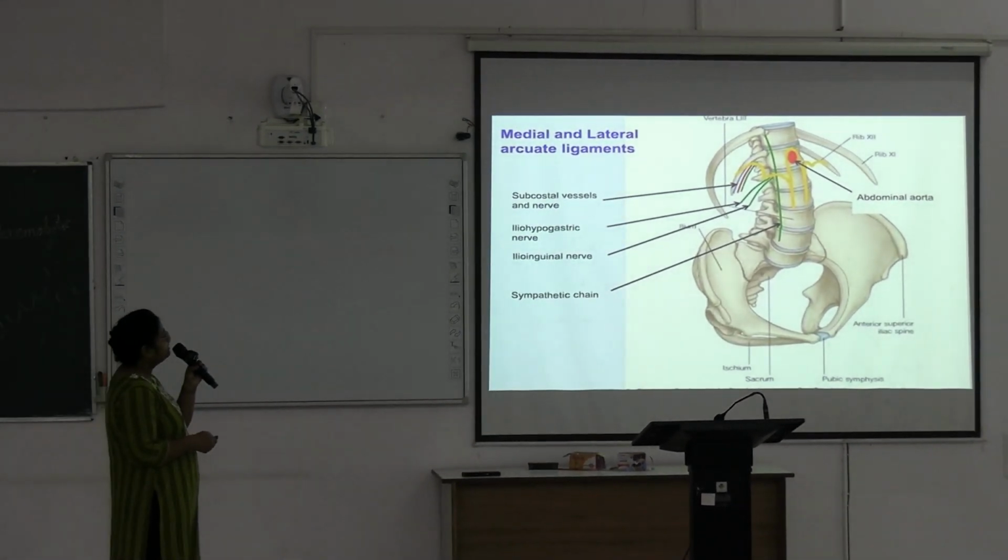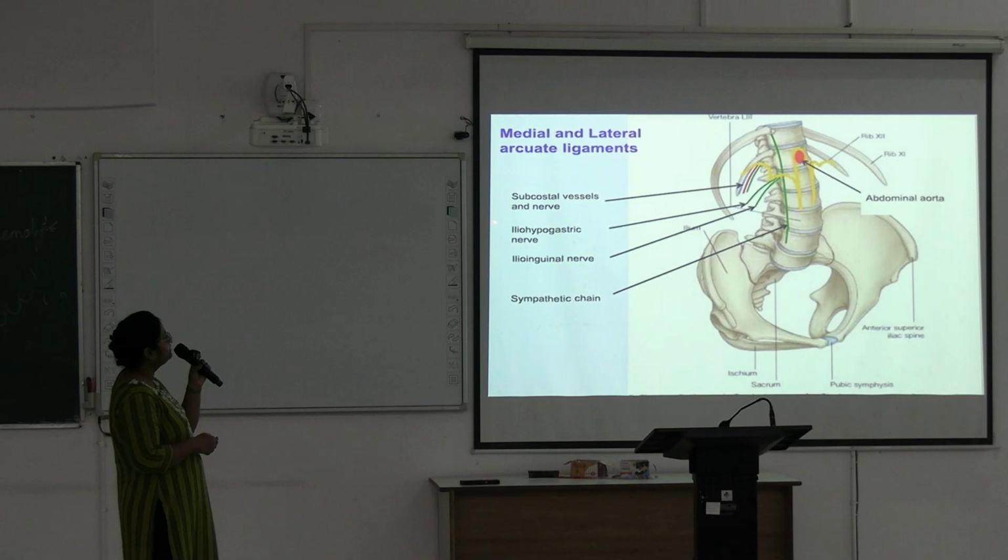and you can see the subcostal nerves and vessels, they enter into the abdomen deep to the lateral arcuate ligament. Iliohypogastric nerve enters into the abdomen deep to the medial arcuate ligament.